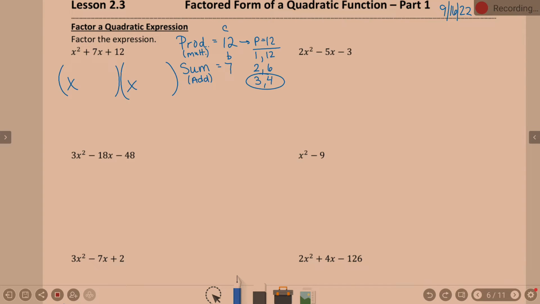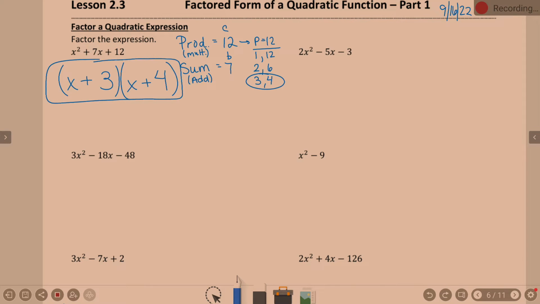So the beginning of each parenthesis is x and x. The numbers I just came up with, 3 and 4, go at the end of each parenthesis. What kind of numbers multiply to be positive and add to be positive? Positives. So x plus 3 and x plus 4.